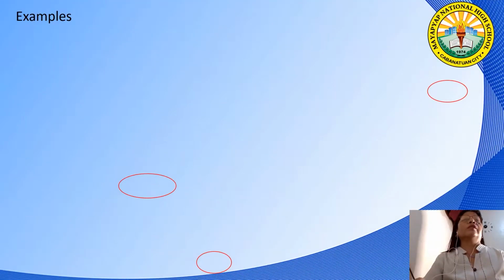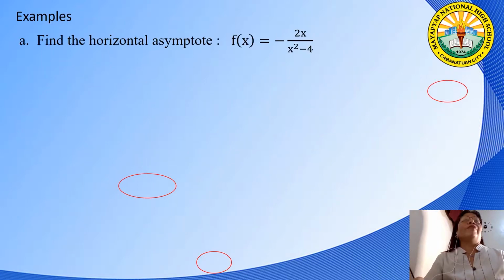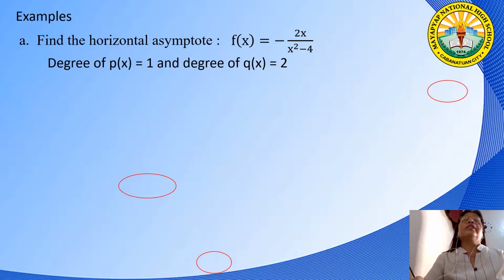Examples. Find the horizontal asymptote of the given rational function. f of x equals negative 2x over x squared minus 4. So, the degree of p of x is equal to 1 and the degree of q of x is 2. Look at our example. The degree refers to the exponent.